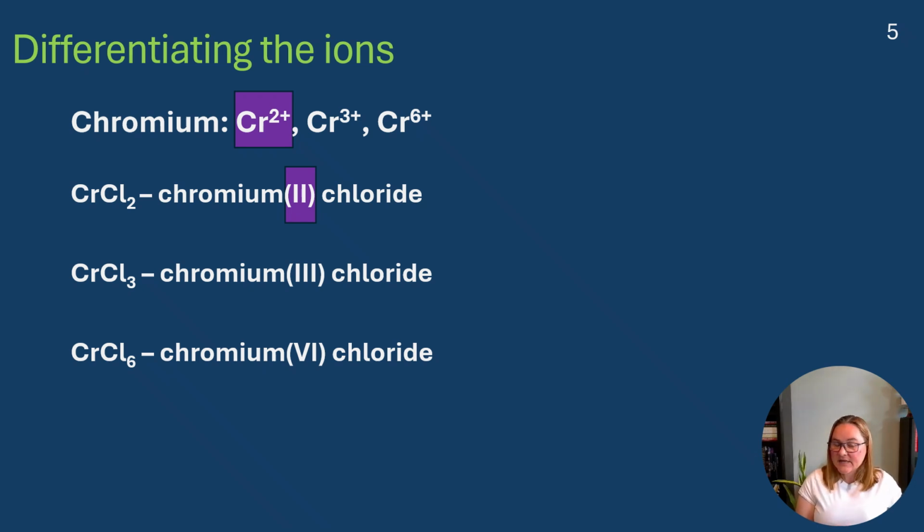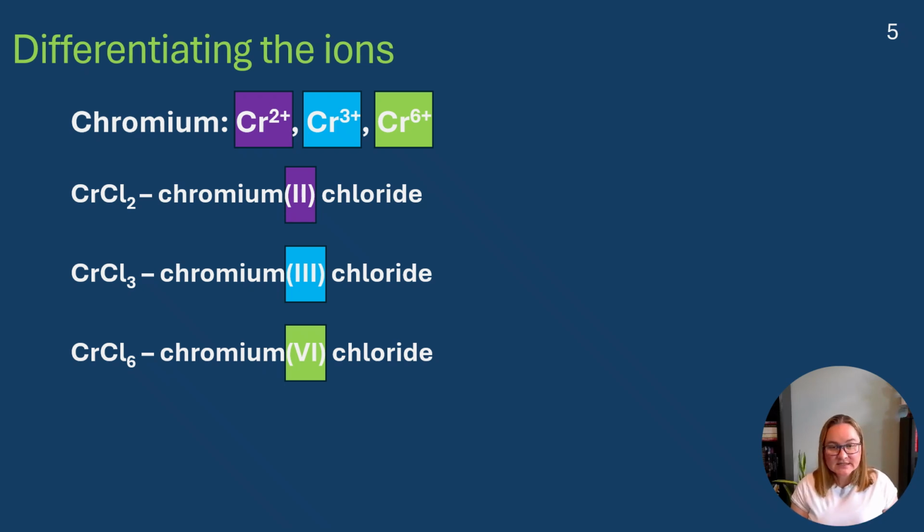In the second compound, CrCl3, the charge on the cation is 3+, so a capital Roman numeral 3 is used. And in the last compound, the charge on the cation is 6+, so a capital Roman numeral 6 is used. In short, name the element. Immediately after the element, open a set of parentheses. Include the charge as a capital Roman numeral inside of that parenthesis.